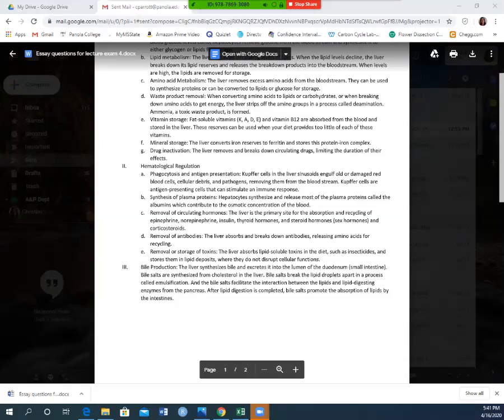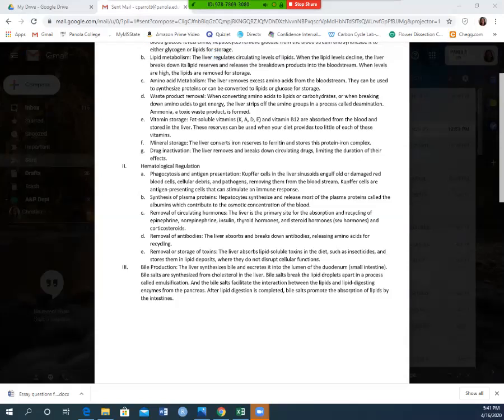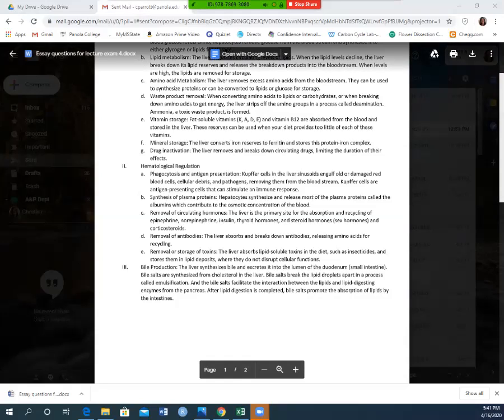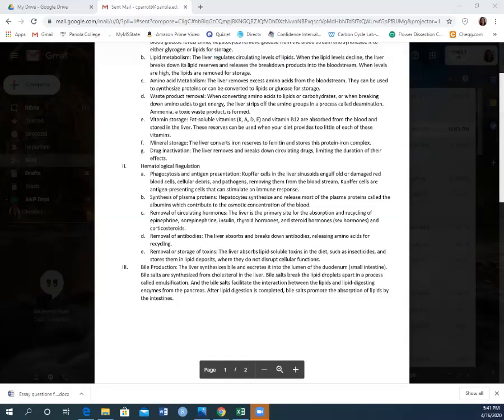And the last category is bile production. So the liver is going to synthesize bile and excrete it into the lumen of the duodenum, which is the first segment of the small intestine. Bile salts are synthesized from cholesterol in the liver, and those bile salts are responsible for breaking down lipid droplets in a process called emulsification.